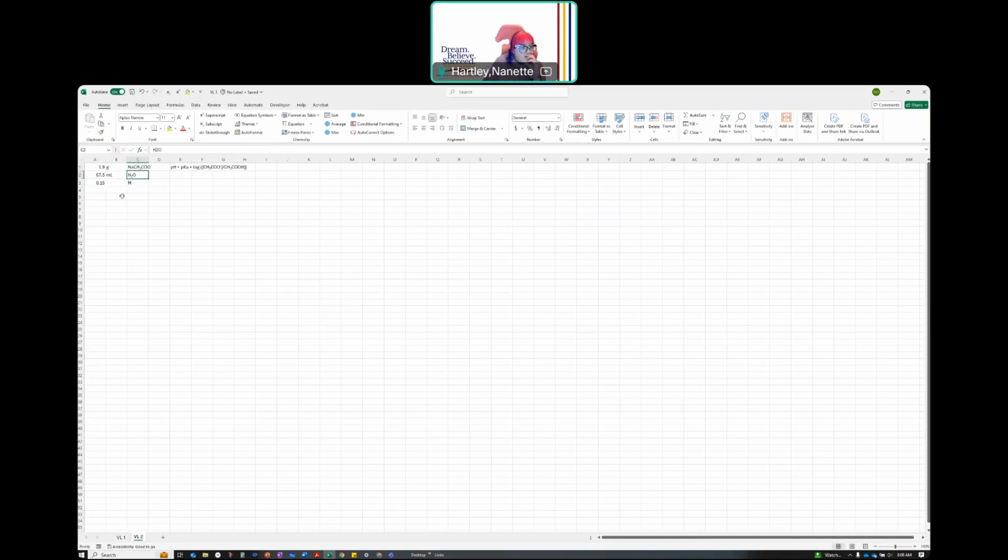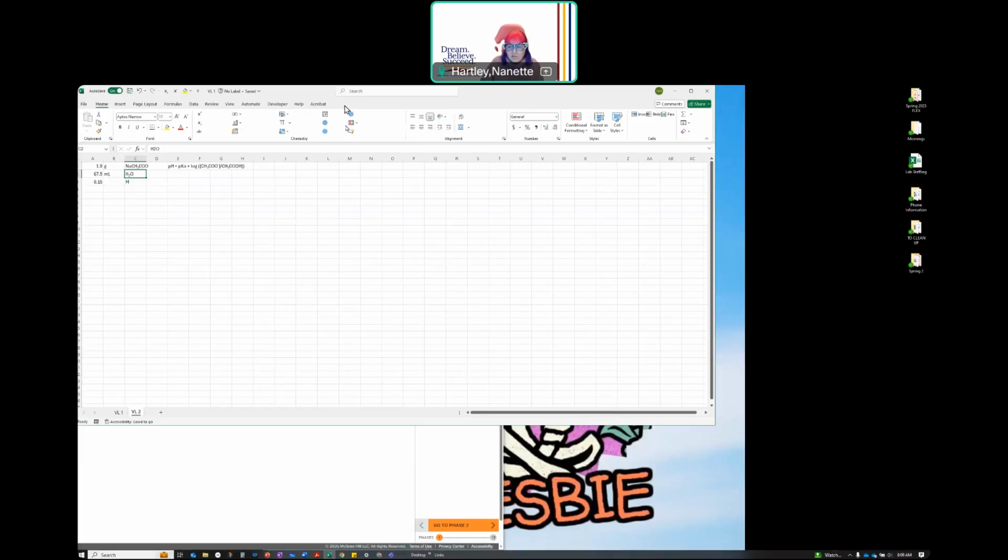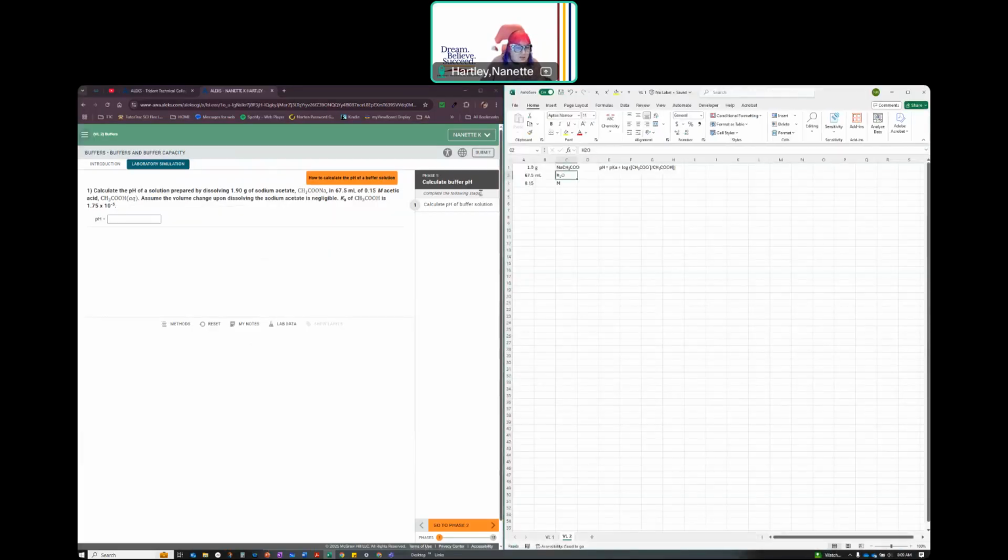And so I know that I can convert this to moles by dividing by the molecular weight. I can calculate the molecular weight of this by using the molecular weights either from Alex or from my molecular weight table. But it's going to be better if I use the molecular weights from Alex.